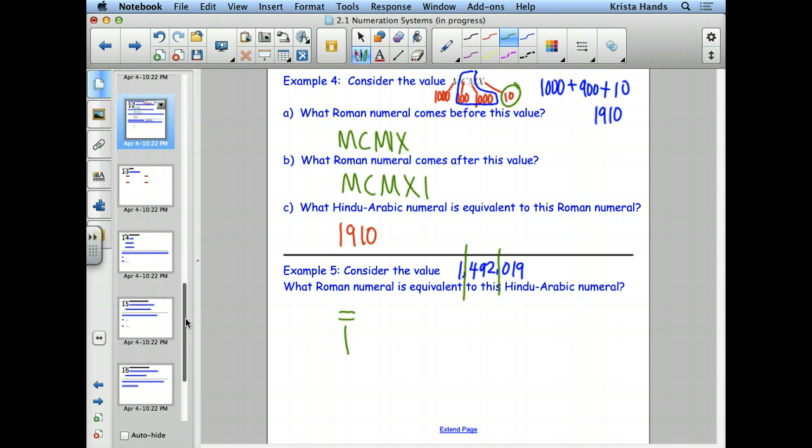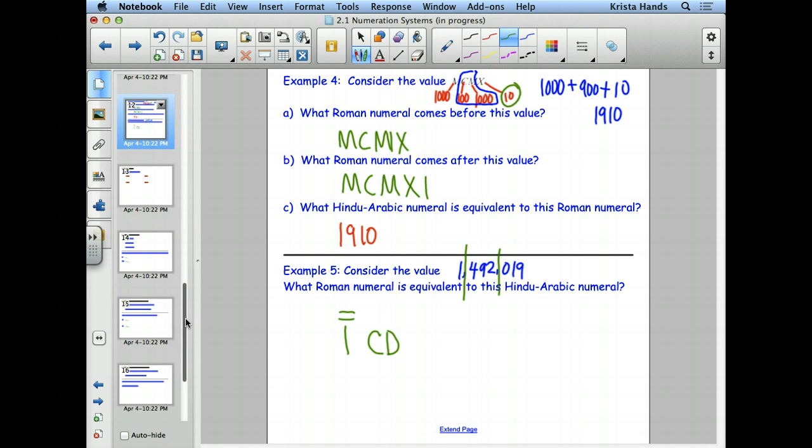So we've done the number that's before the first green vertical line that I drew. Now we're going to do the number that's between. I need to represent the number 492. So we go with it one at a time. How do I get 400? CD.